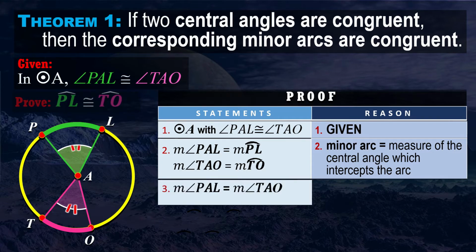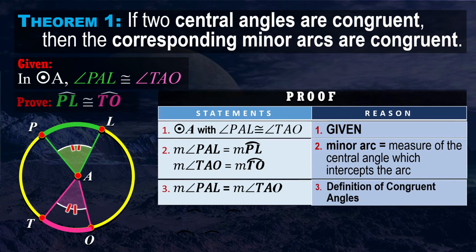So, ano pa yung pwede nating statement? The third statement will be angle PAL, ito yon, is equal to the measure of angle TAO. Ano ang magiging reason natin? Of course, the reason will be definition of congruent angles.